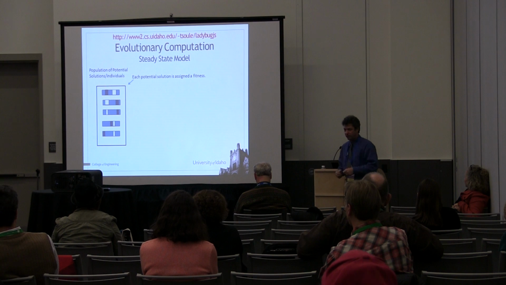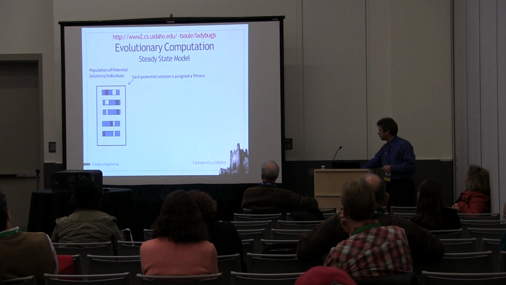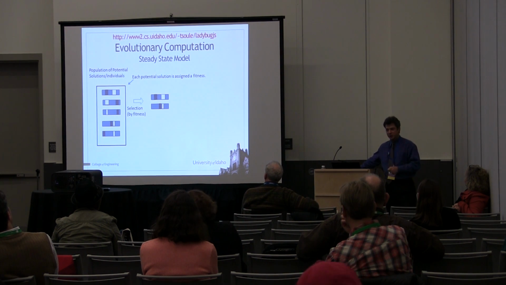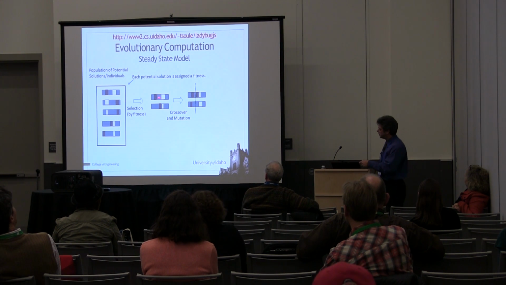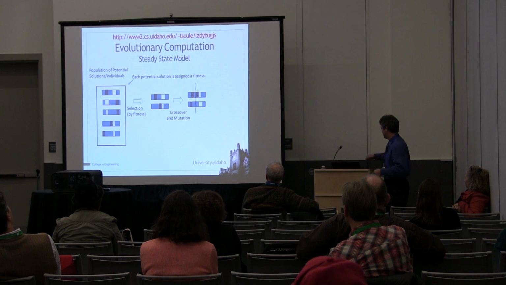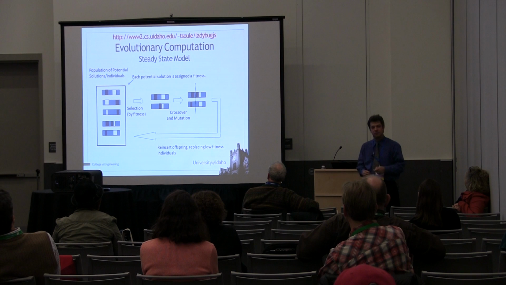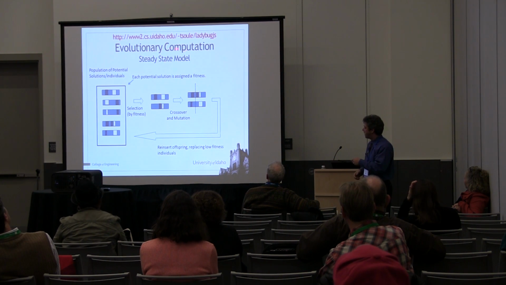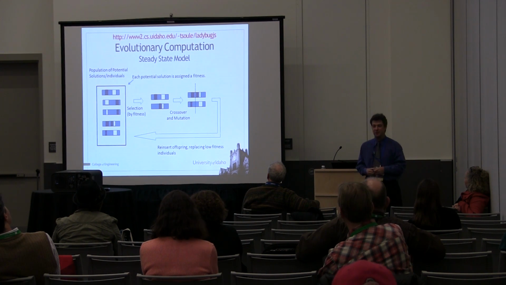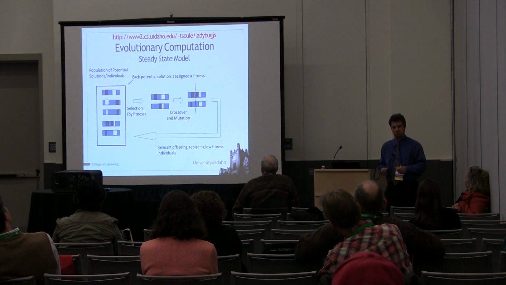And initially they're all random and pretty terrible, but we can see how terrible they are and assign them a fitness, and then again, select the ones that are slightly less terrible and do some sort of crossover and mutation on them, so they'll swap the pieces a little bit, and then put them back into the population and repeat. And so this is a standard evolutionary computation algorithm. This is what's referred to as a steady state model. You have one population and you keep taking individuals out and putting them back in.